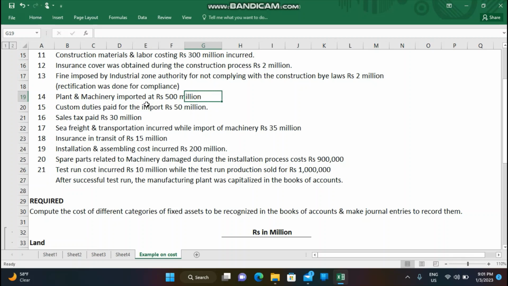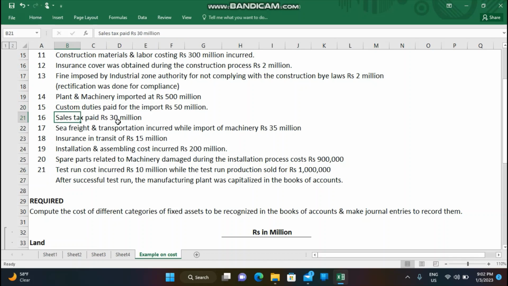So this 500 million will become part of the cost. Second is custom duties paid for the import of plant and machinery. They incurred 50 million as custom duties. So these custom duties or import duties will be included in the cost of plant and machinery.